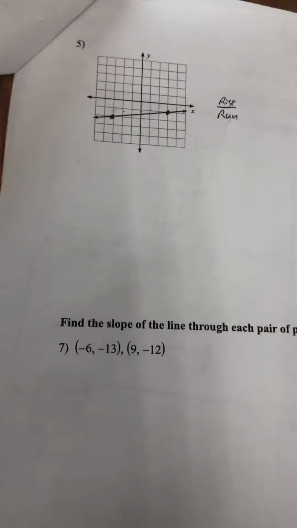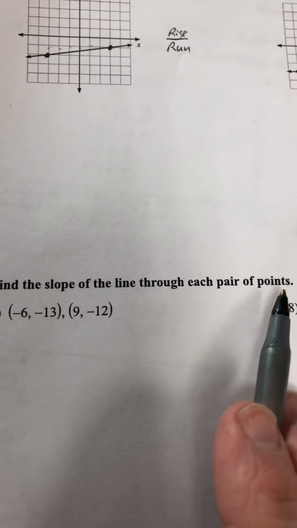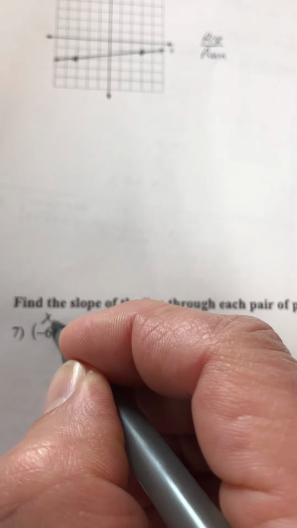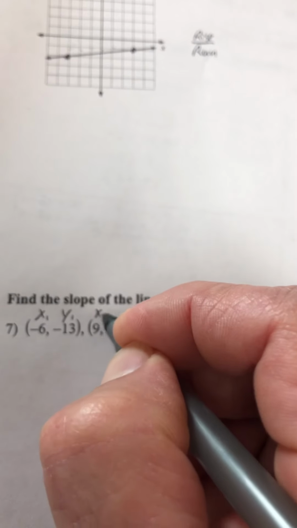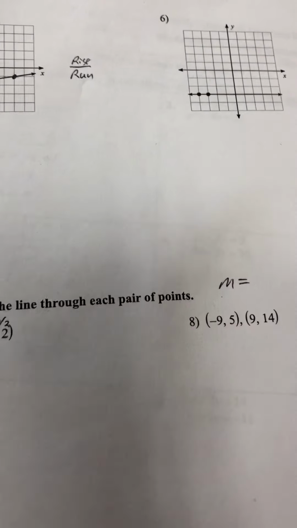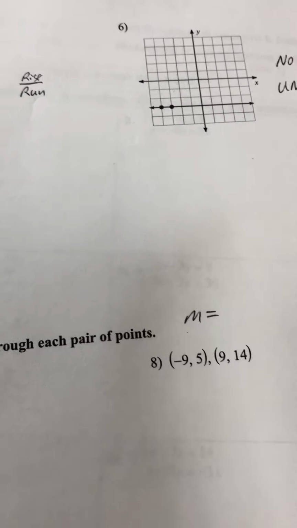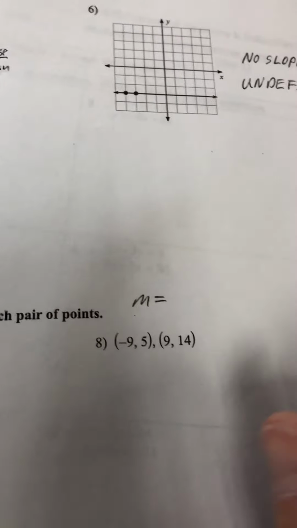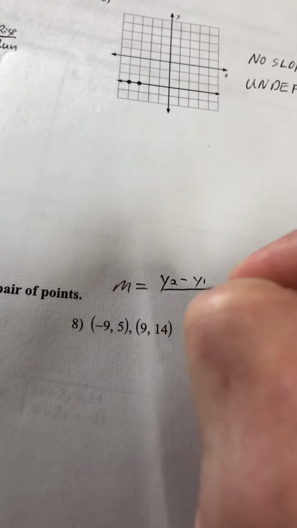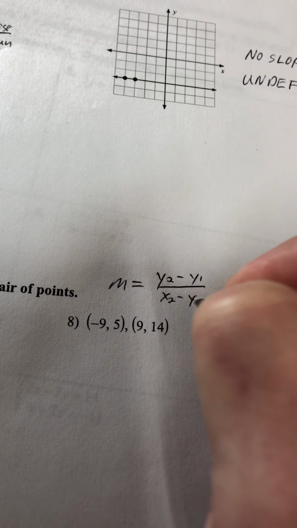Okay, finding the slope of a line through each pair of points. Remember, it's easiest to mark these x1, y1, x2, y2. And that formula for slope, m stands for slope: you're going to take your y2 minus your y1 over your x2 minus your x1.